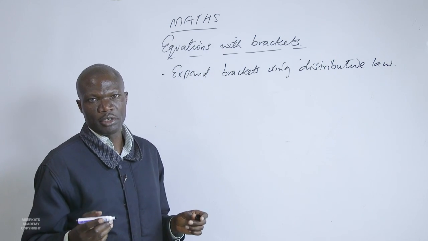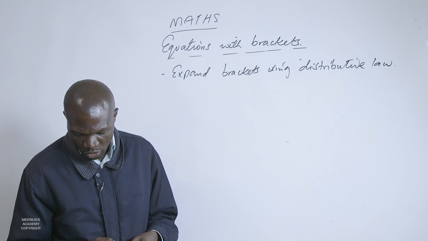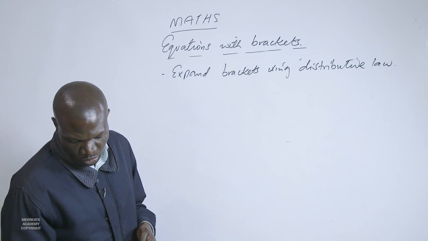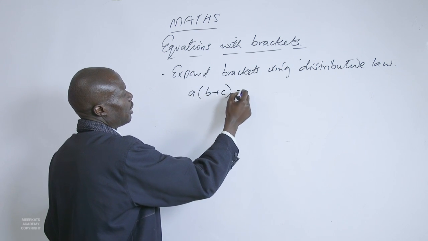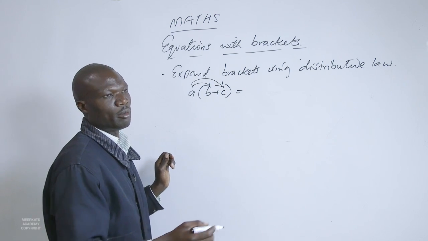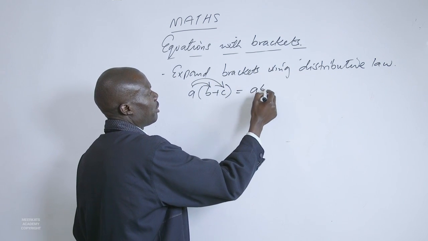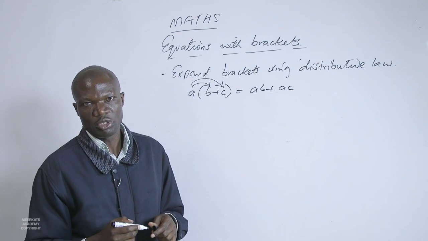And just to remind you, what does the distributive law actually state? It states that if you have A into (B plus C), we multiply first by B, then by C, which is equivalent to AB plus AC. That is what the distributive law states.